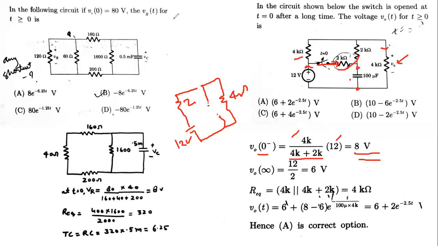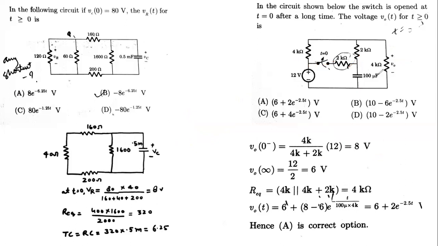Now, for the steady state condition, what is the condition? In steady state, this switch is open, so there is no significance of this resistance. The capacitor works as an open circuit in steady state.